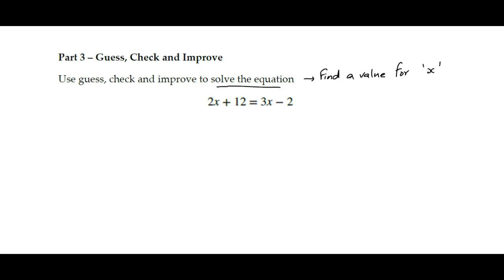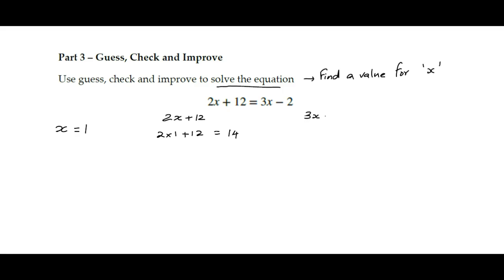So let's start with a number. Let's start with the value for x. I'm going to say let's use x as 1. So if I use x as 1, 2x plus 12, what do I get? 2 times 1 plus 12 is going to give me 2 plus 12, which is equal to 14.